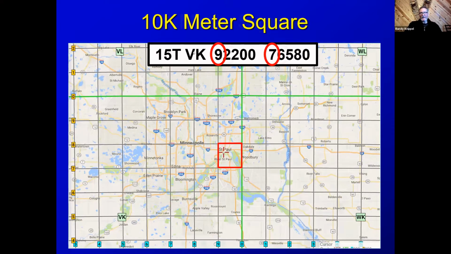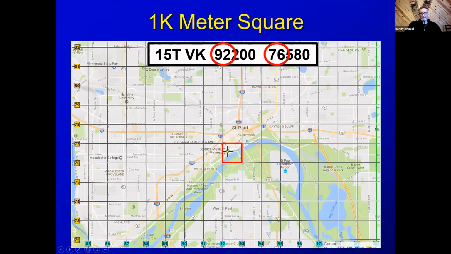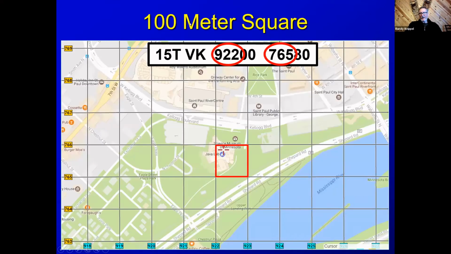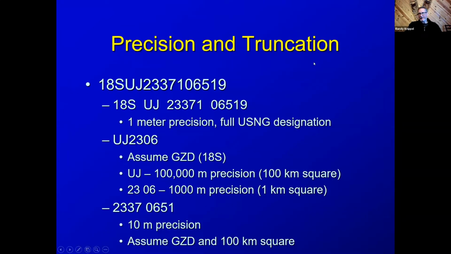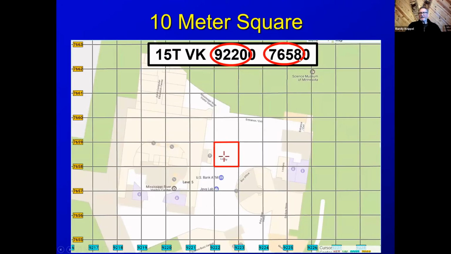We add two more digits, now we're down to a 1,000 meter square. Two more digits in X and Y, we get to a 100 meter square. Finally, a 10 meter square, and then at the end is a full 1 meter designation. Now we can drop off whatever digits we need to represent whatever level of precision is necessary for a given application.